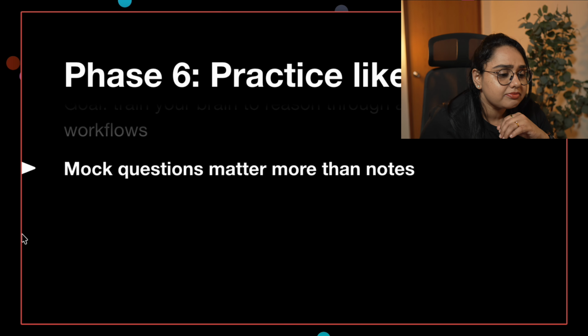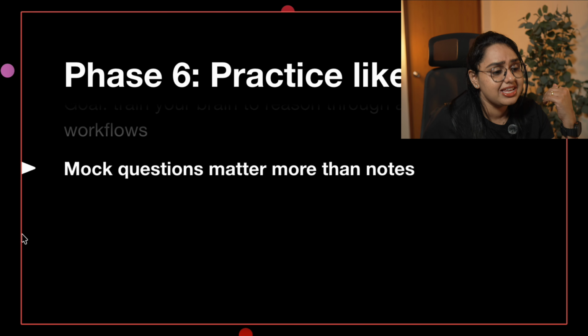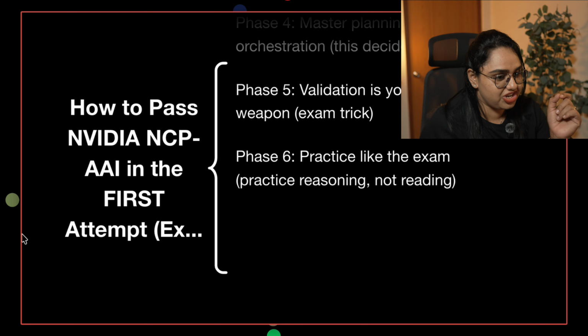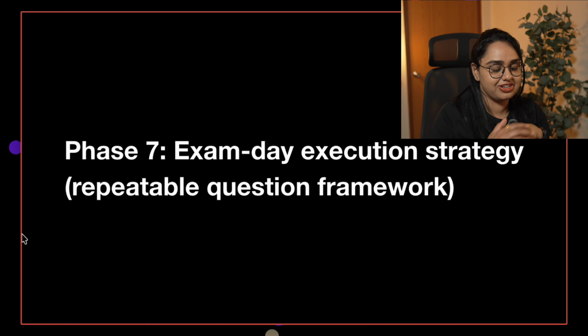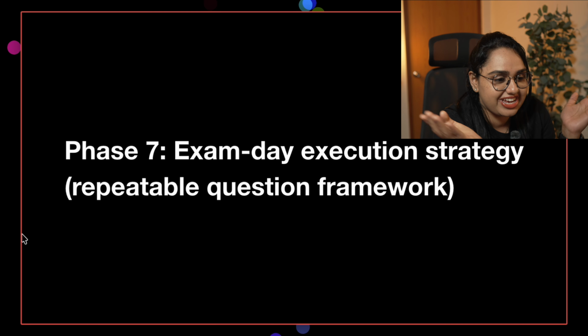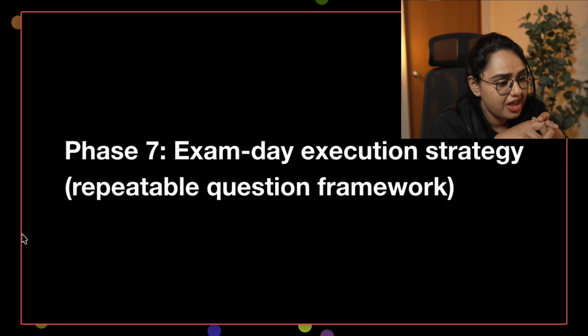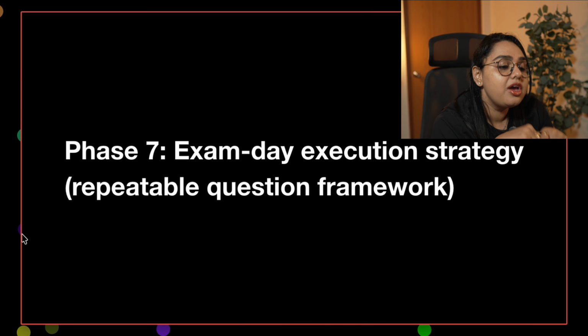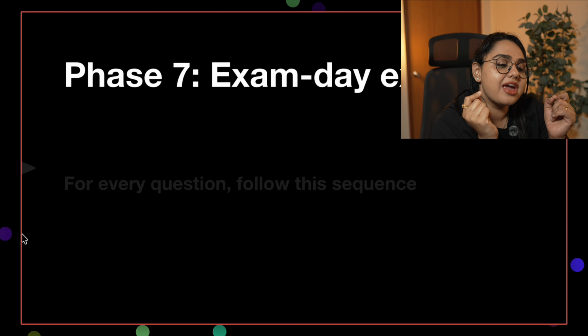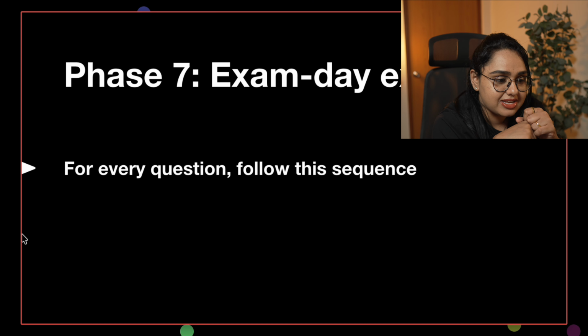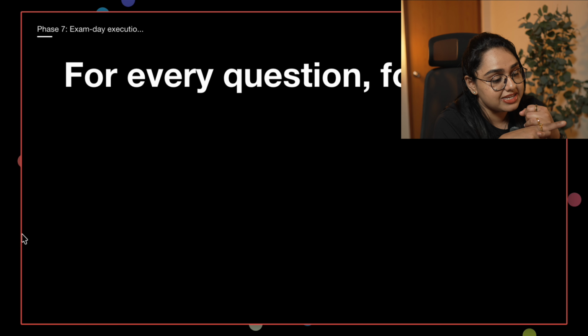Fine? Moving ahead to the next phase, that is the exam day execution strategy. Yes, the D-Day execution strategy. On examination day, follow this sequence for every question. The first is to identify the business goal.